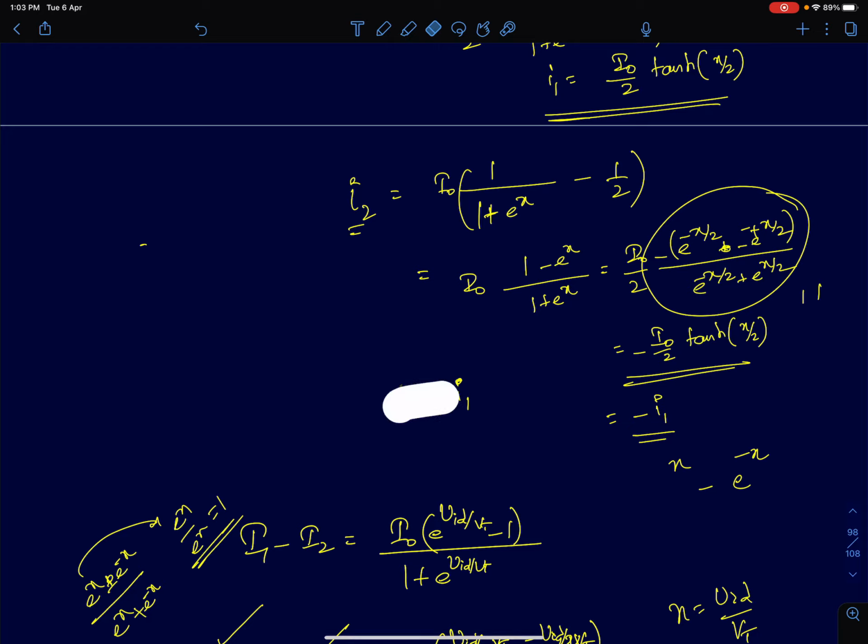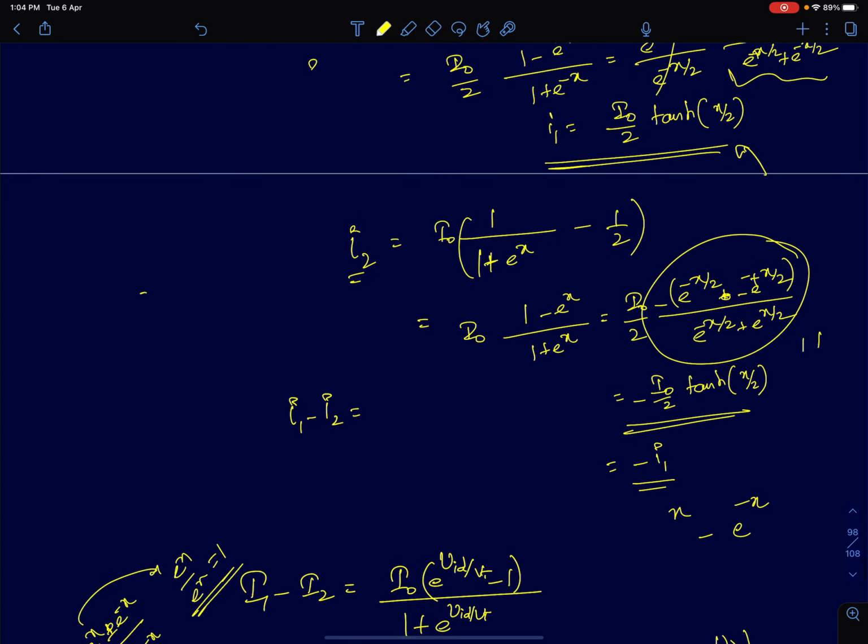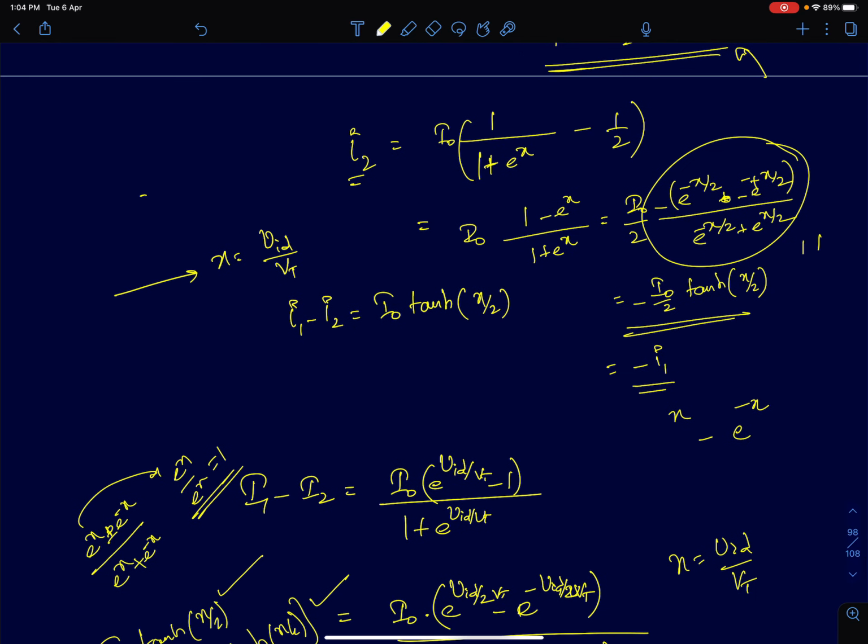So if I compute I1 minus I2, you will get I0 by 2 tan hyperbolic x by 2 minus of minus I0 by 2 tan hyperbolic x by 2. So you will get I0 tan hyperbolic of x by 2. Again, x here is simply VID upon VT. So that's your differential current.